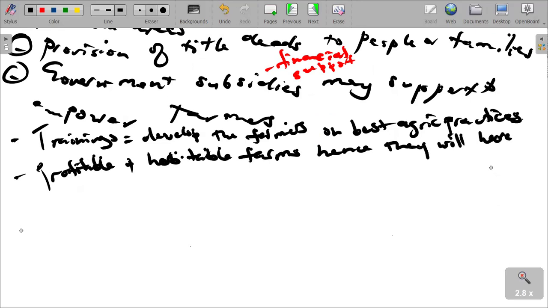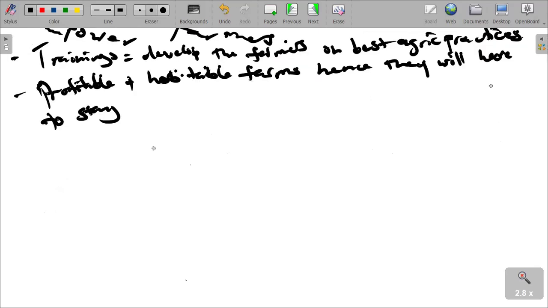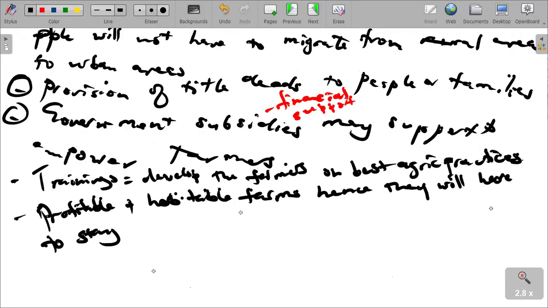Instead of migrating and traveling to other places, they would have to stay because they have got what? They have got the support of what they want. So better farming practices would also be advantages that we talk about.